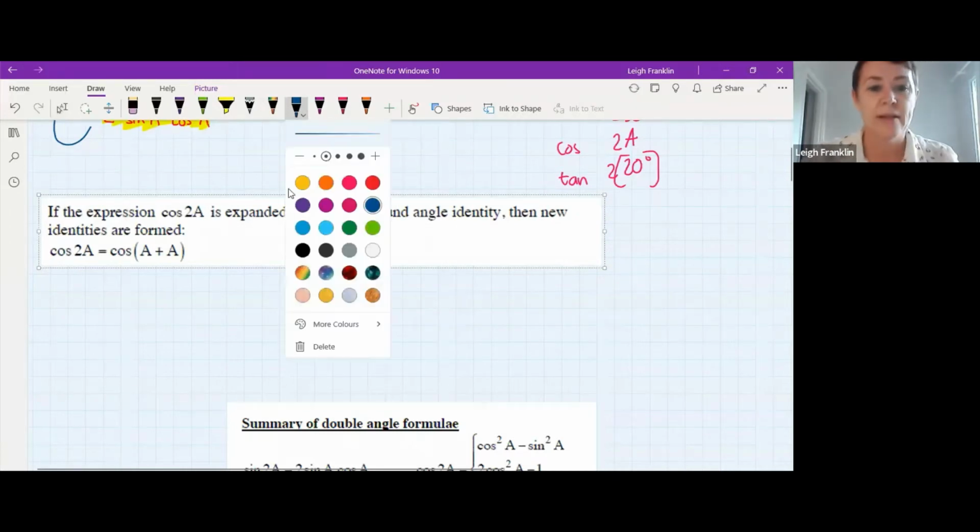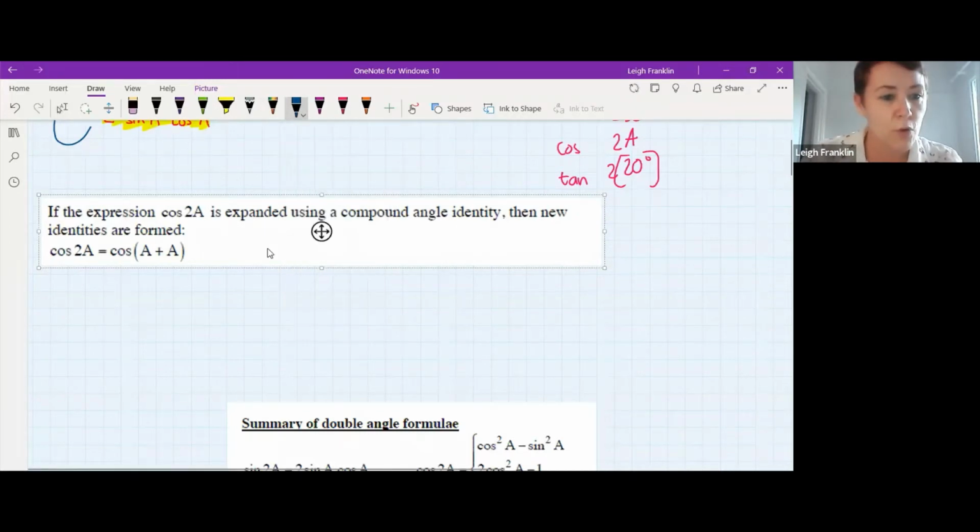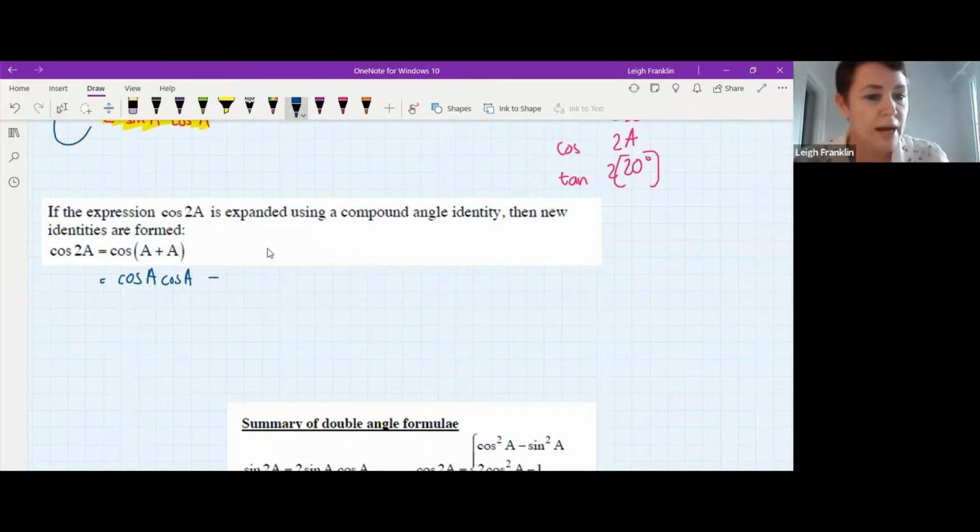So this expands as follows: cos a cos a, and then remember cos doesn't keep its sign, so this becomes a minus sine a sine a. So cos a times cos a is cos squared a.